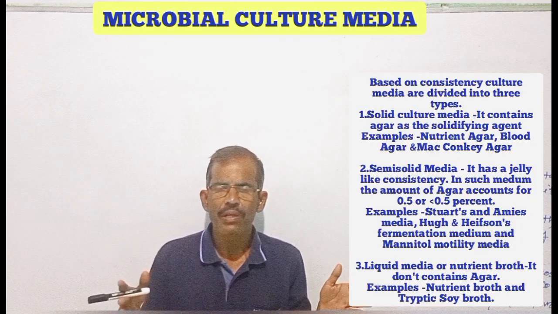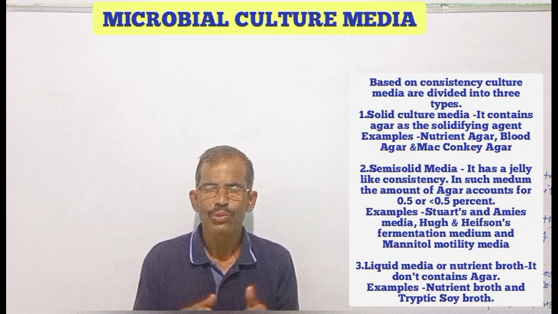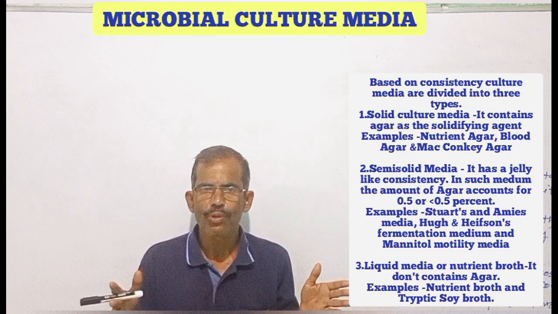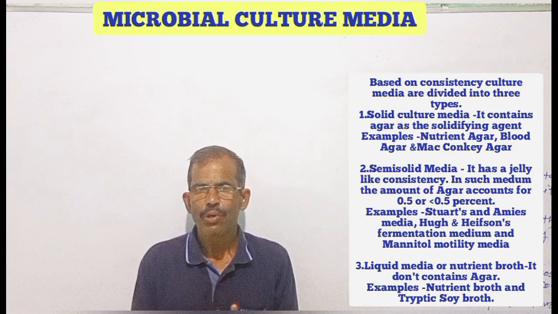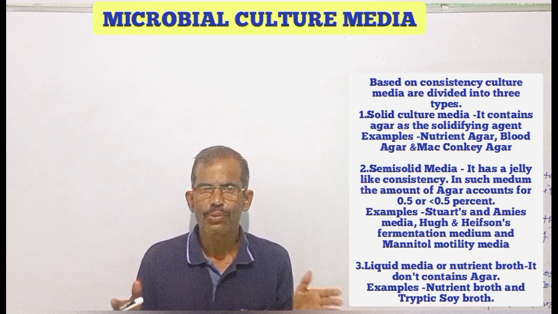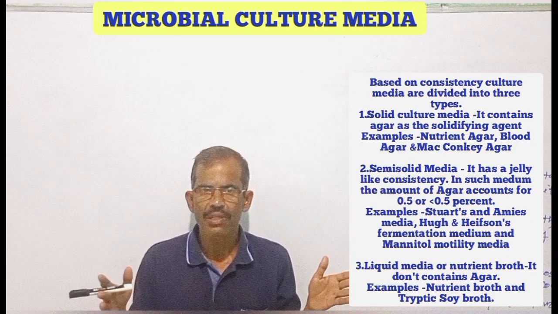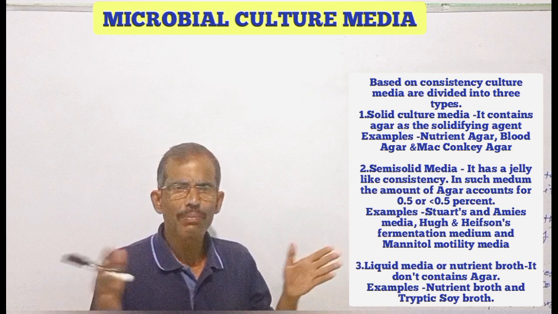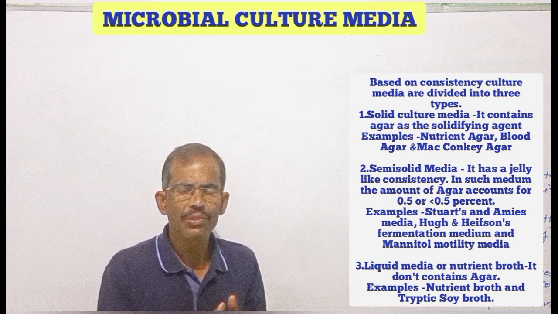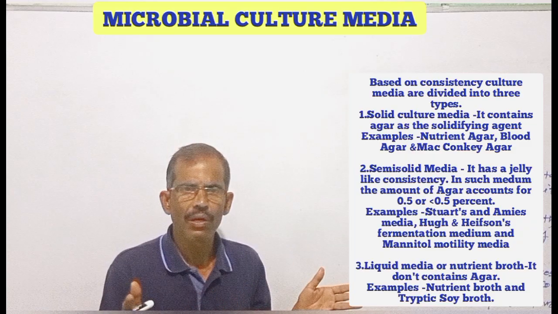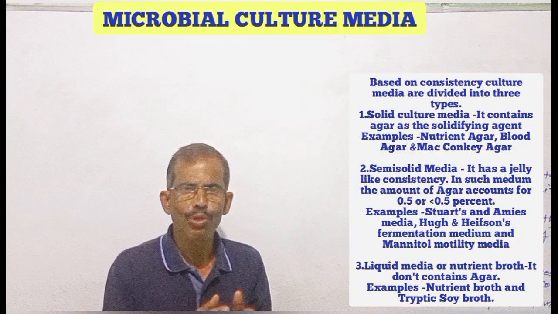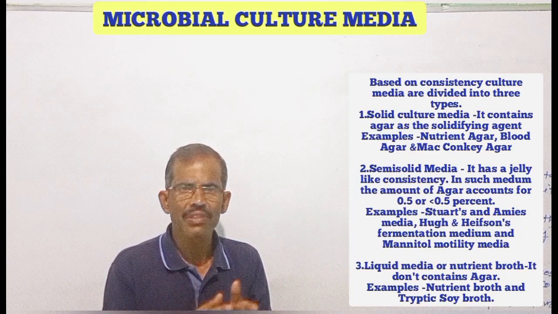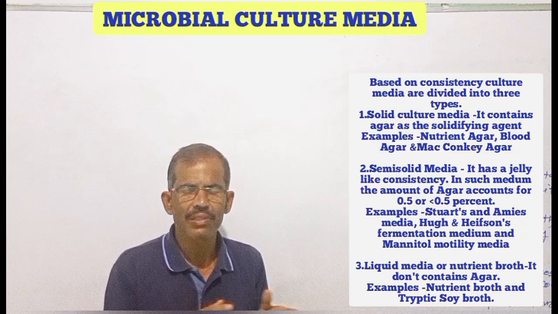Solid culture media are commonly used to isolate pure microbial colonies for antibiotic testing, to study colony characteristics and for long-term storage. Number two, semi-solid media in which the amount of agar accounts for 0.5% or less.